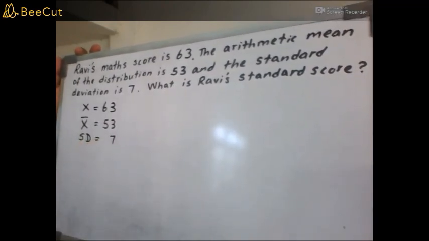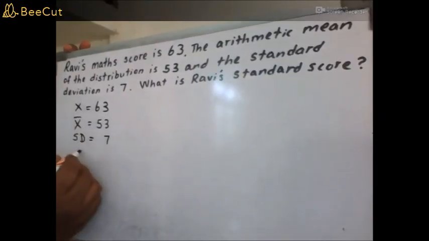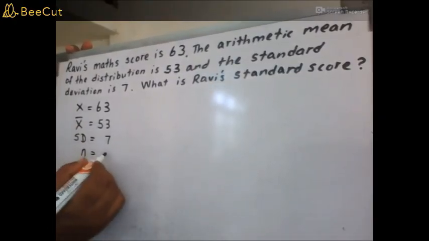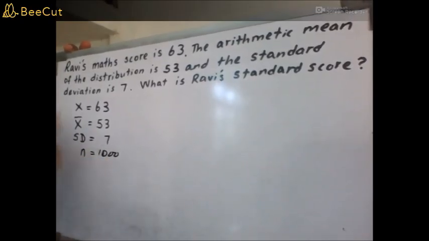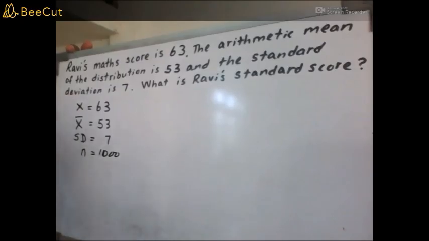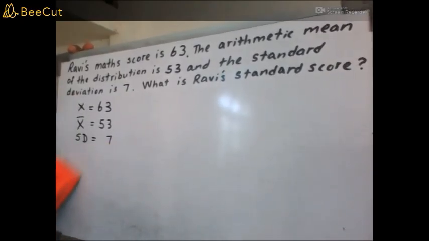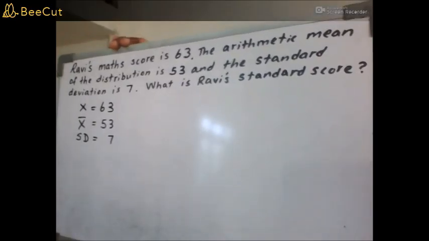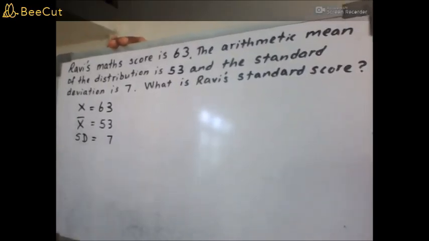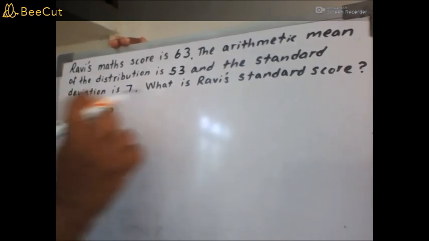The other day I told you to identify this problem: usually they give this N also, say 1000. But this is a first paper question, so sometimes you don't get N. To do the calculation problems in the second paper, you need N. Those are the three pieces of information.